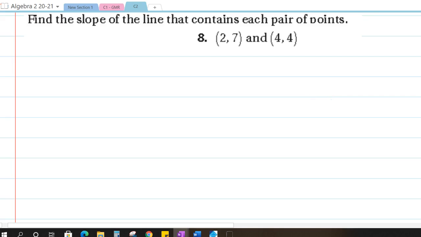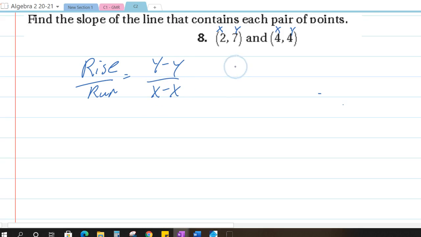Next, find the slope of the line that contains the pair of points. Again, always label it x comma y, x comma y. Start with the y's. So it's rise over run, which means y minus y over x minus x. Write it down so it's in front of you. 7 minus 4 over.